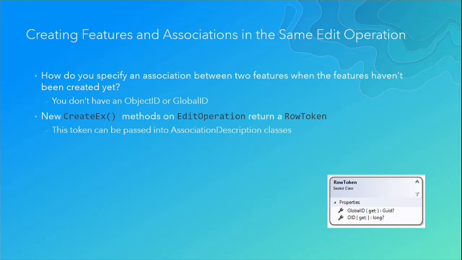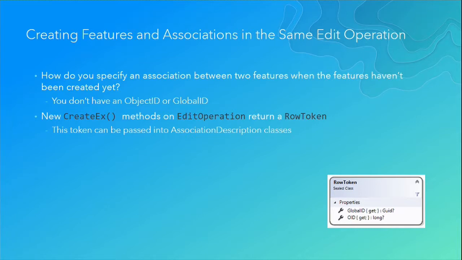How do you specify that you want to take that transformer and attach it to the pole? And the answer is we have new CreateEx methods on the edit operation that return what's called a row token. And you can think of a row token as an abstract class that represents an object ID to be named later.